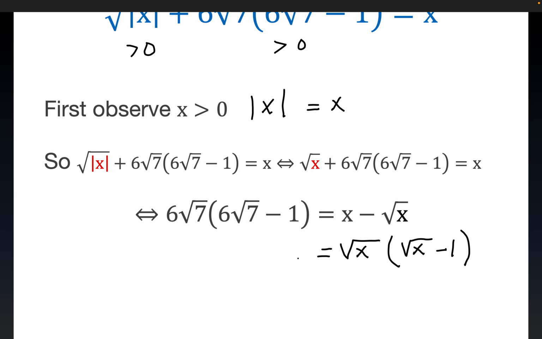But you see, it's still equal to this constant, right? It's still equal to this constant. And so by inspection, you see how it's kind of neat. Look, this is exactly in the form of the constant term. So what we get right here is the square root of x is equal to 6 root 7.